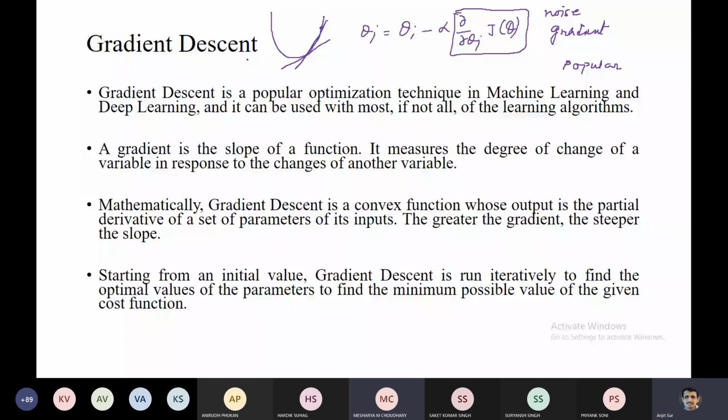Starting from the initial value, gradient descent is run iteratively to find the optimal values of the parameters, to find the minimum possible value of the given cost function. We have already shown geometrically how gradient descent converges.